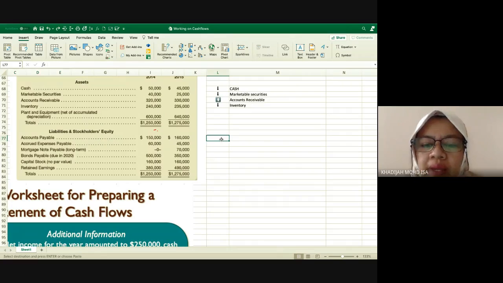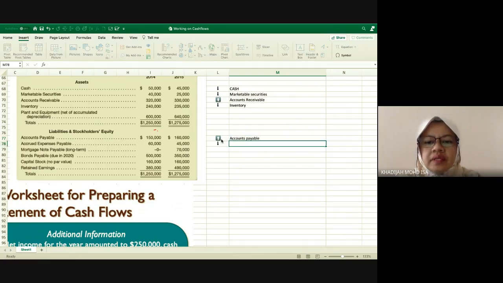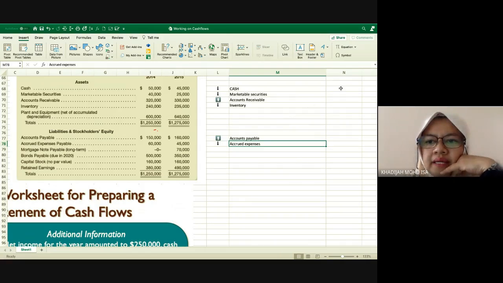So this one is an increase, and this one is a decrease. This one is your accounts payable, and this one is your accrued expenses.